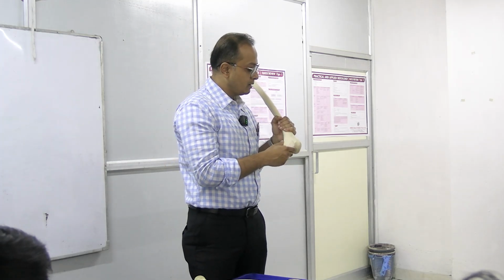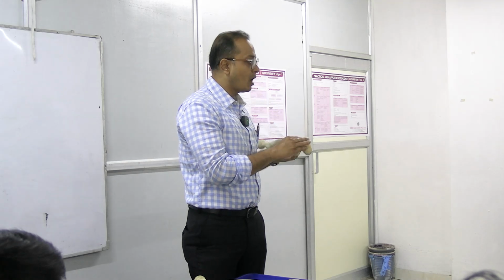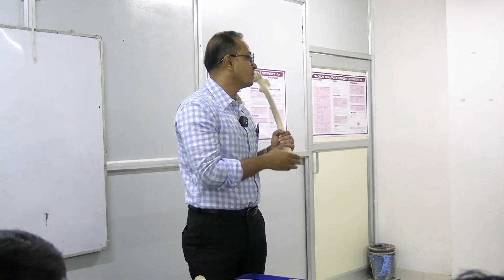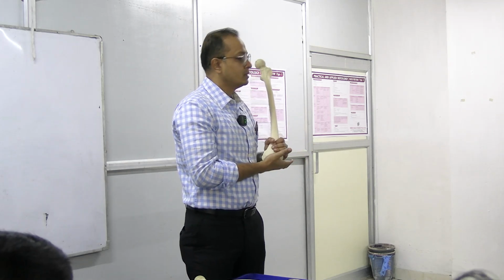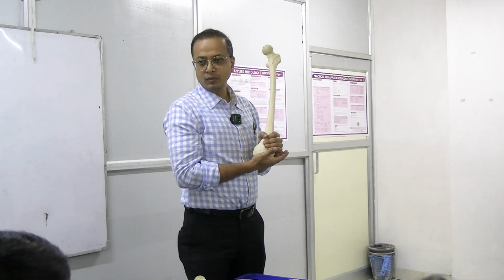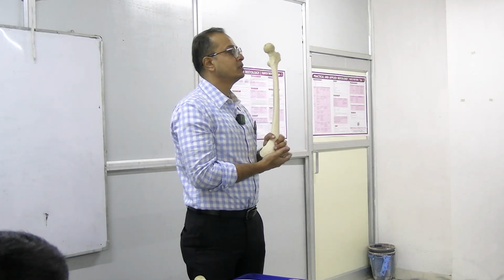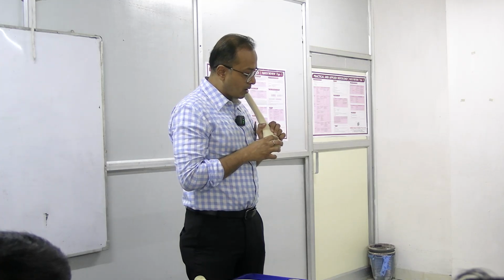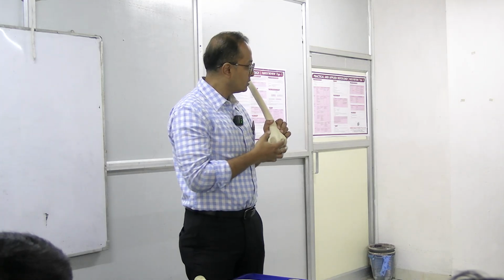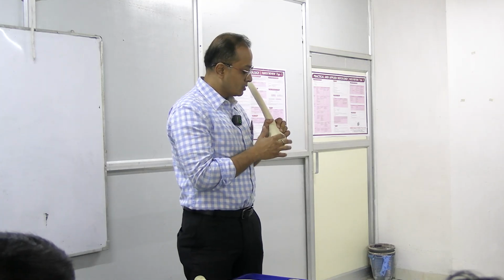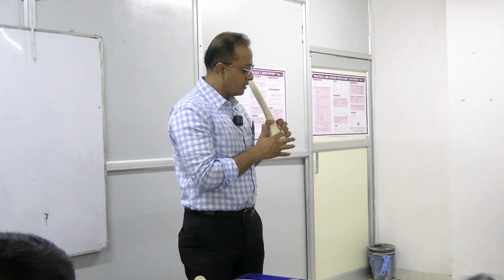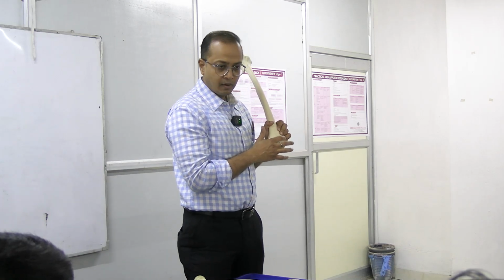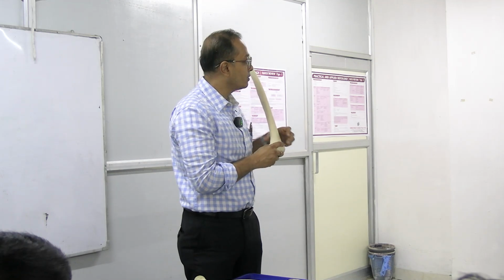Now on the anterior side we have this particular articular surface, that means it makes a joint. At the lower end, these condyles make joints with the tibia and with the patella which is lying on it. So above we have this part covered by hyaline cartilage. Here we have a joint for the patella.